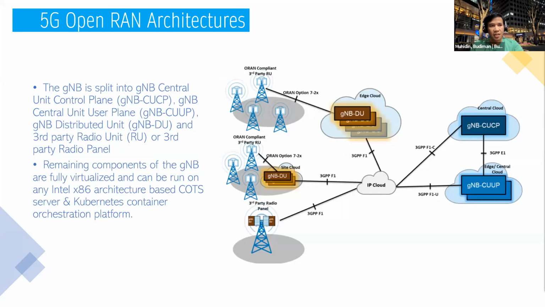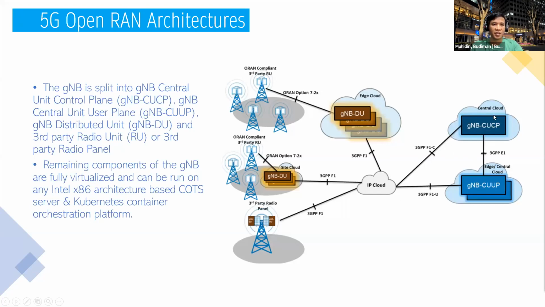If you can see here, the gNodeB RAN is split into virtualized blocks. The CU is divided into 2 parts: CU control plane and user plane. Another block is the gNodeB DU, and the connection between CU and DU is the F1 interface.